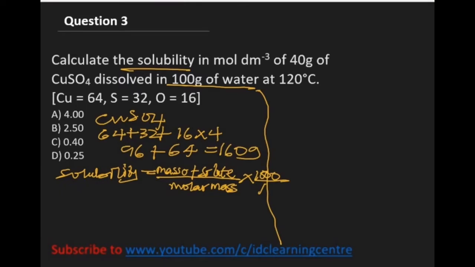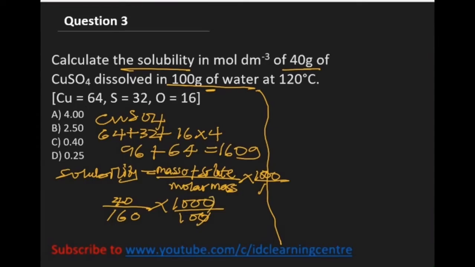So we input the values. Mass of solute is given in the question as 40 grams. So we say mass of solute is 40 over molar mass is 160, times 1000 over the 100 given to us already in the question. So we'll cancel out the zeros.